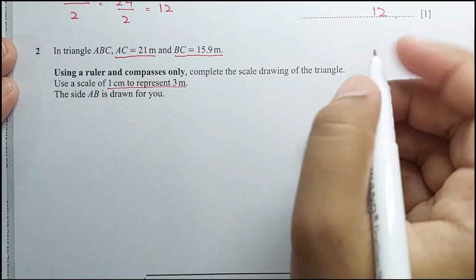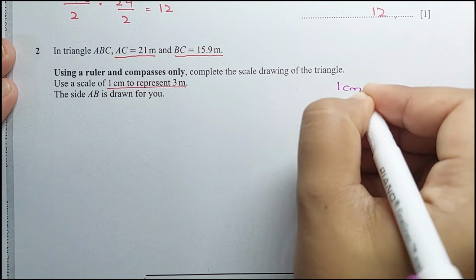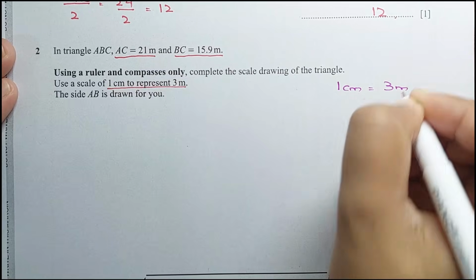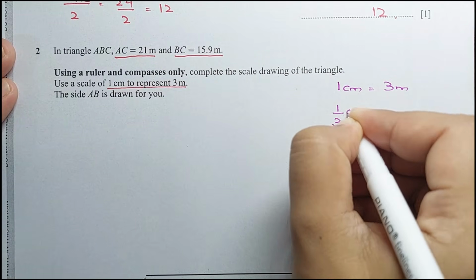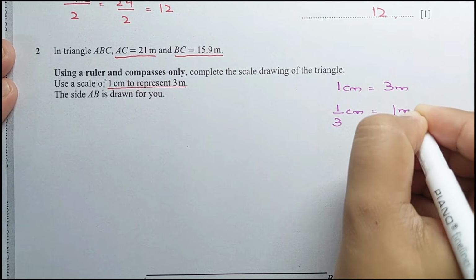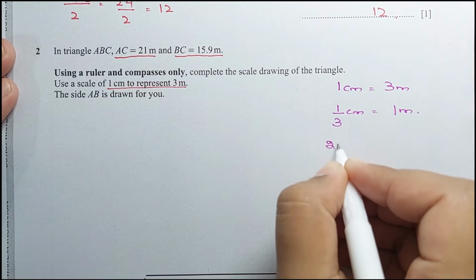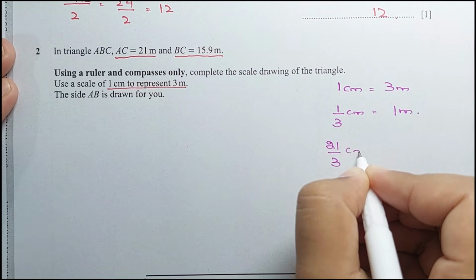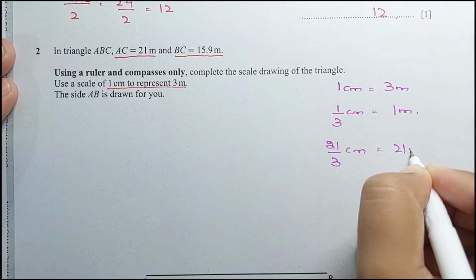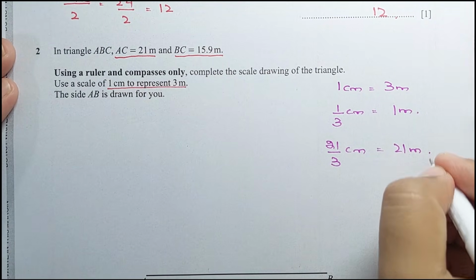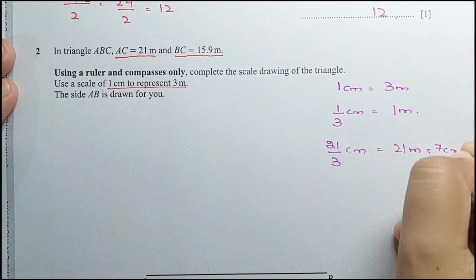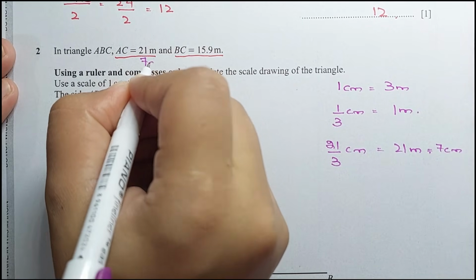Okay, so we are given that 1 centimeter is 3 meters. So 1 over 3 centimeter is 1 meter. What about 21 meters? 21 over 3 centimeters. 3 times 7 is 21, that is 7 centimeters. So this length would be 7 centimeters.